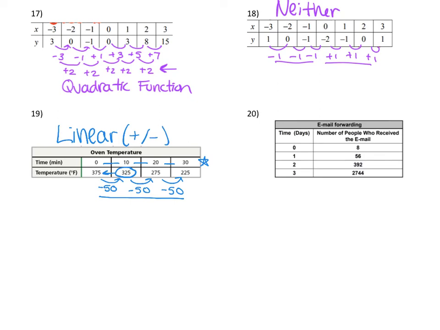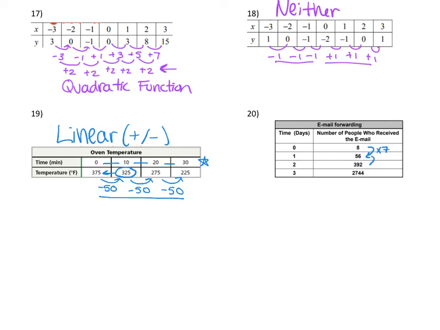All right, number 20 says day or time in days, and then number of people who received the email. So on day 0, 8 people received the email. Then on day 1, 56, and then day 2, day 3. Whoa, those numbers get really big. So I'm guessing that I'm multiplying by something. So let's think, 8 times what is 56? 8 times 7.